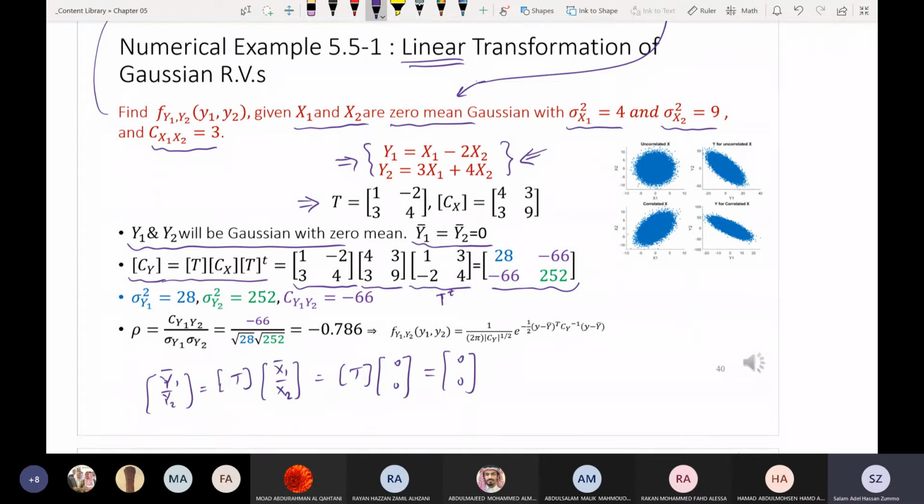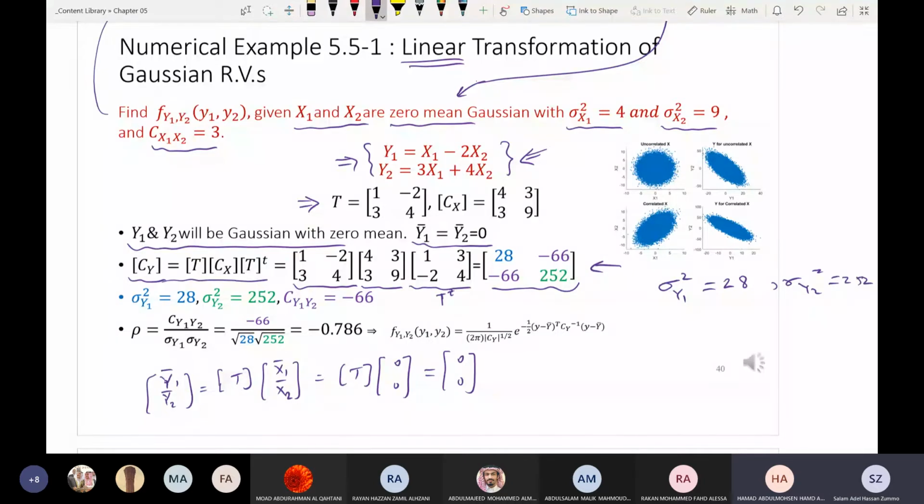What does this mean? Let's try to read it. If I did not ask you to find this, and I asked you to find the variance of y1 from this matrix, what is the variance of y1? 28. What is the variance of y2? 252.